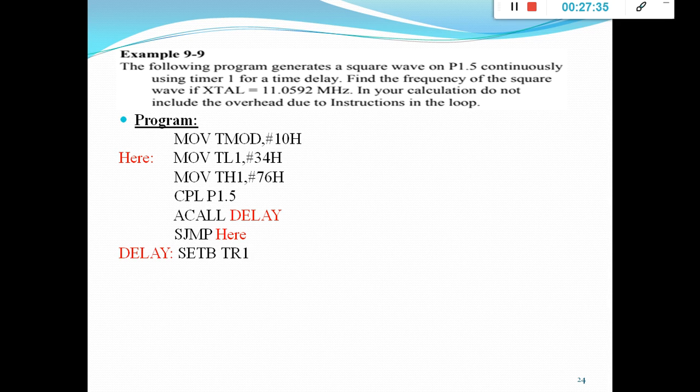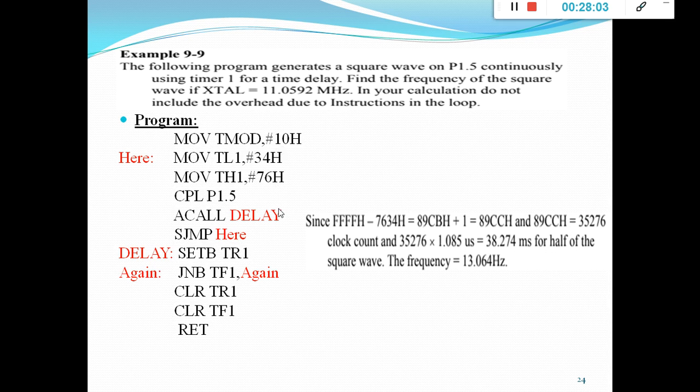The delay program starts timer 1, then monitors the timer flag, so again you can see TF1 because you are using timer 1. Monitor this until TF1 becomes 1. Next, stop timer 1, then clear the timer flag TF1, then return to the main program. Then execute SJMP here, so again it will start from the beginning.